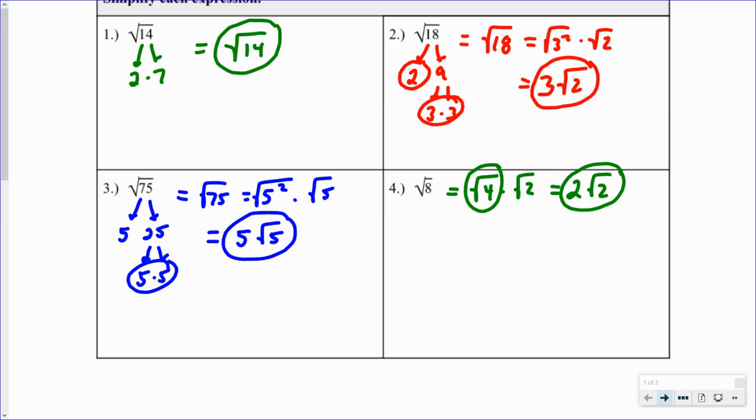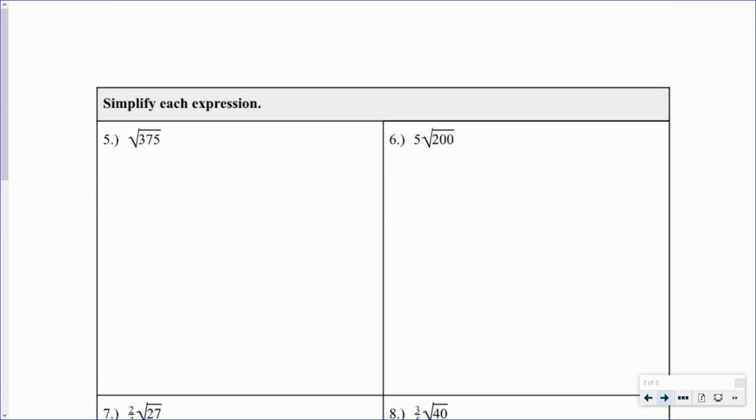All right, we're going to go through a few more examples. The square root of 375. So when I'm looking at the square root of 375, I'm thinking to myself, 25 is a factor of 375. So the square root of 375 can be written as the square root of 25 times the square root of 15.